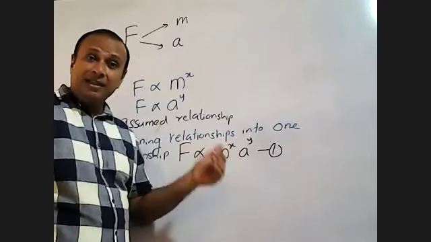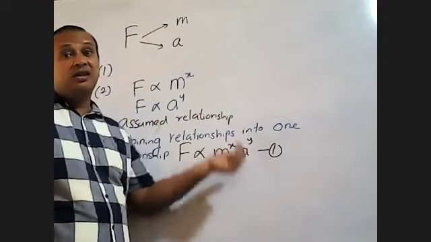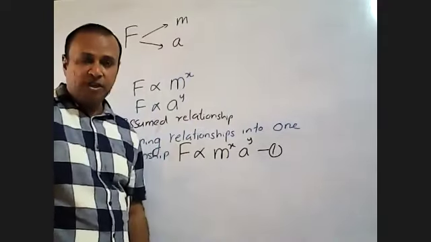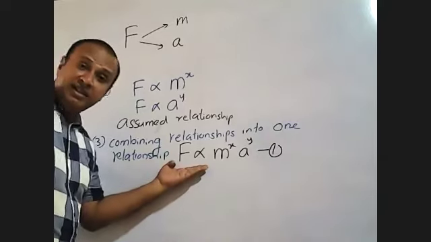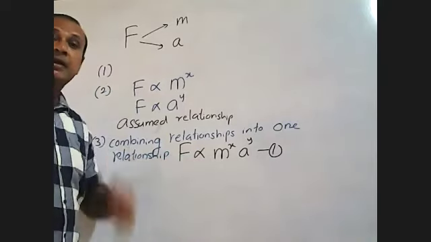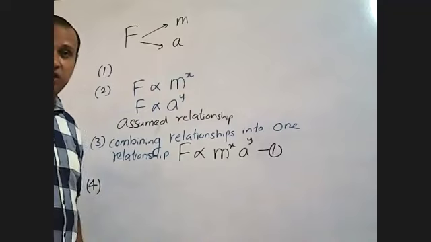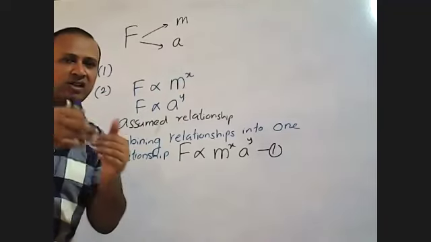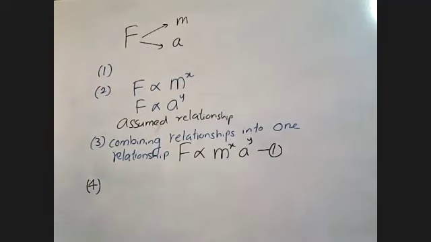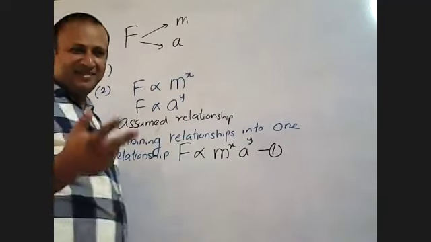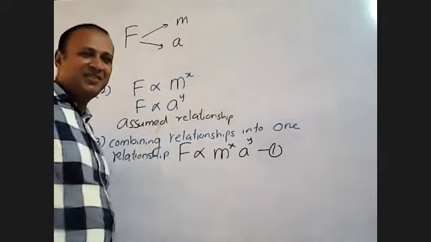So to do a mathematical operation, I have to convert this relationship into an equation. Therefore, the fourth step is converting this relationship into an equation. So how to convert a relationship into an equation?